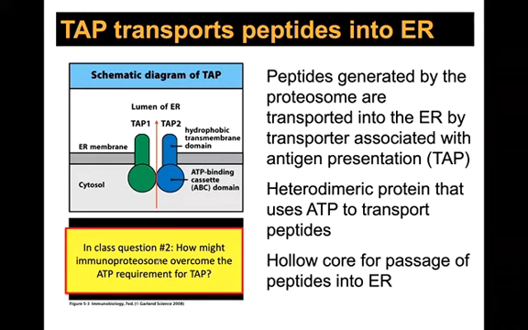So the question then is, if I didn't really cover it, the TAP2 protein actually has an ATP binding cassette. And it's sort of like a G protein coupled receptor in that you have exchange of ADP for ATP that activates it. So how might you overcome the ATP requirement for TAP?